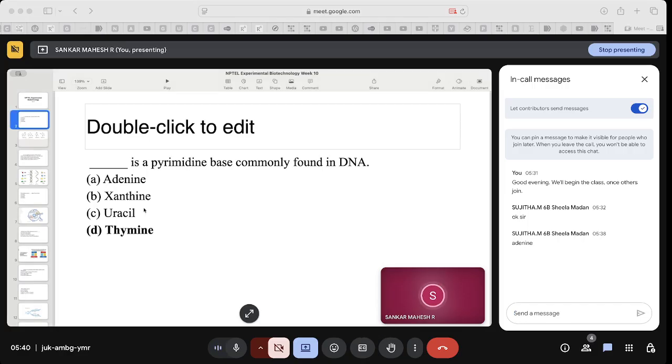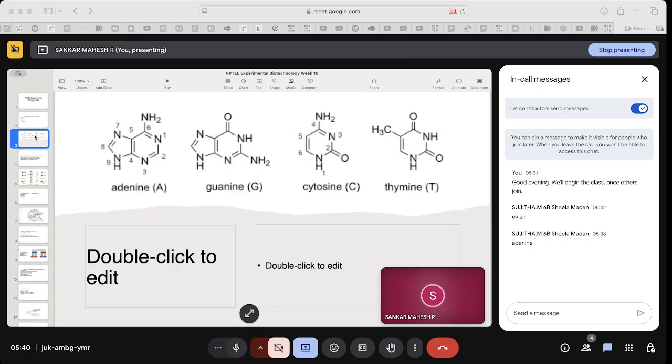Okay, so we have two different kinds of bases in DNA, I mean, in our body. One is purine. What you see here is a six-membered ring and an additional three members, six plus three. This is a purine. So adenine and guanine belong to purine, whereas cytosine and thymine are pyrimidines.